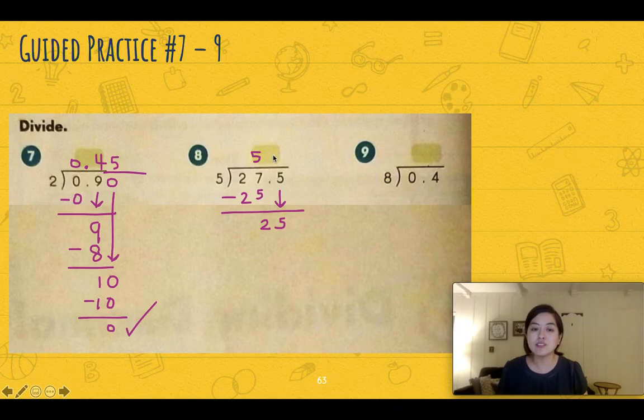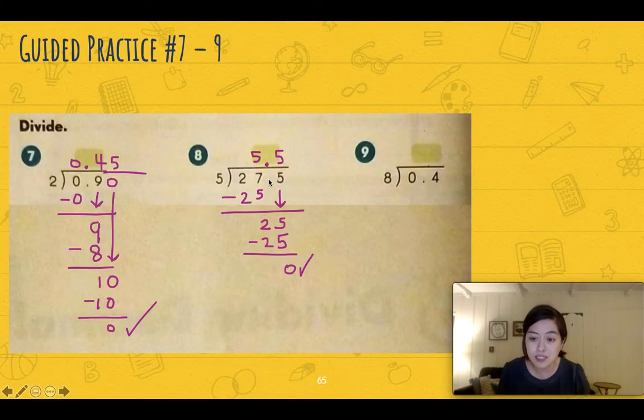Okay. 5 times what gets you 25? That's a 5. So we're going to subtract 25 from 25 and that's a 0. But I'm not done because I have to remember the decimal point right there. Wherever it is in here, I'm going to write it in my answer spot right there. So 27.5 divided by 5 is 5.5.